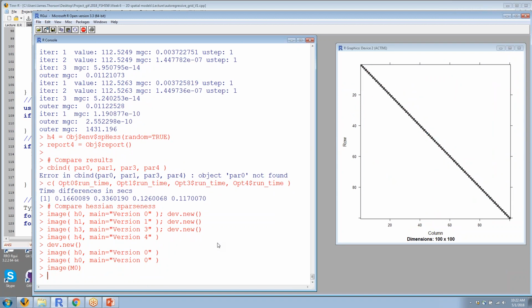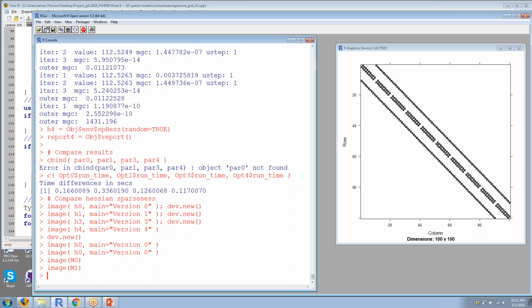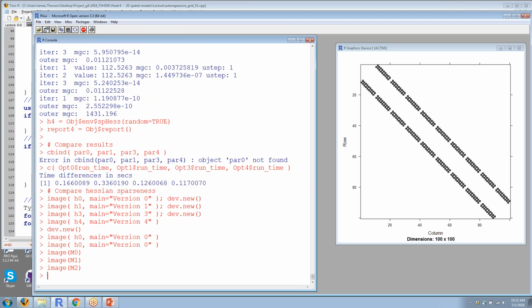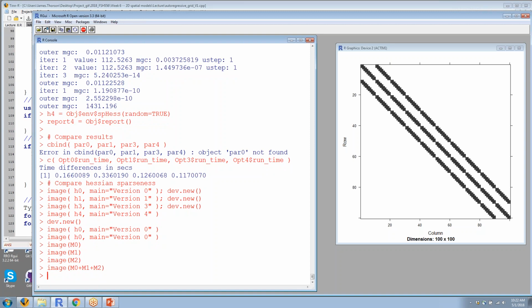So in this final case, I've defined a sparse matrix that's just the diagonal part of that Hessian, and then another one that's one cell away, and another matrix that's diagonals. And so if you do M0 plus M1 plus M2, you get the banded structure of our original Hessian matrix.